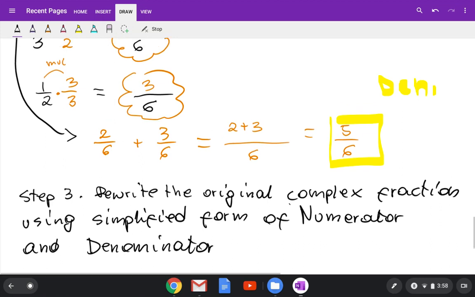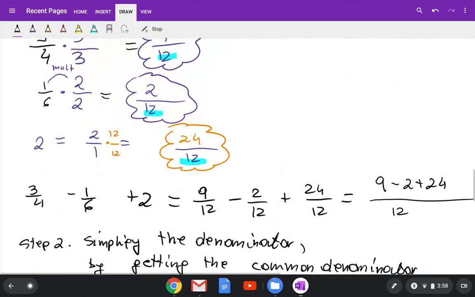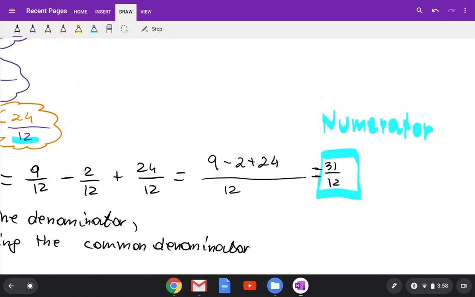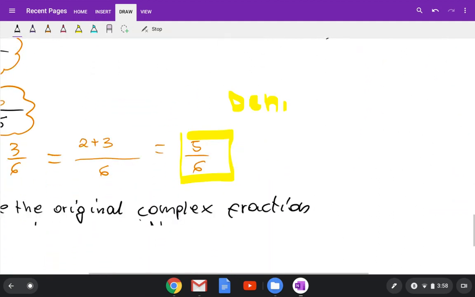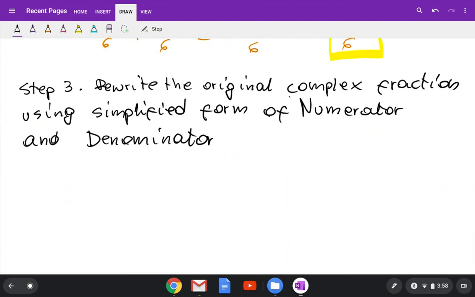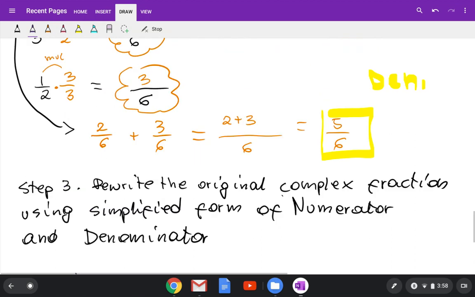So I'm going back. We simplify the numerator right here, and we end up with 31 over 12. So we got this. This is 31 over 12. This is the simplified form of the numerator.